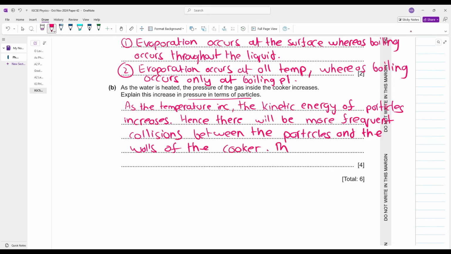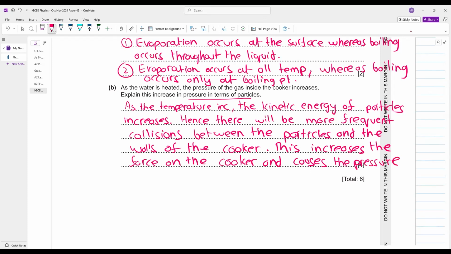This increases the force on the cooker and causes the pressure to increase as well. Simple. Let's move ahead.